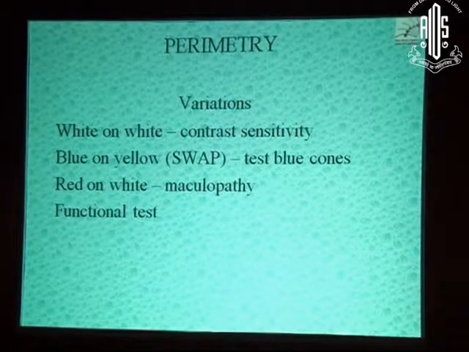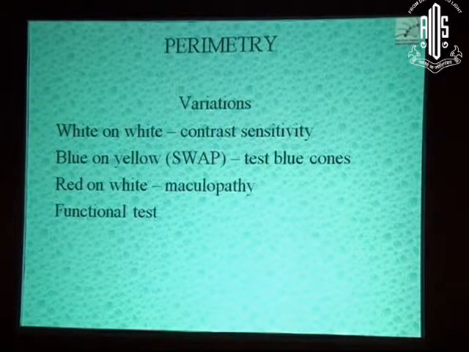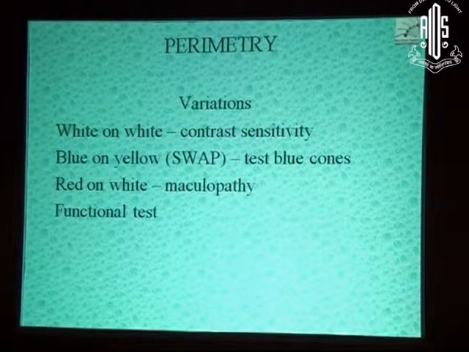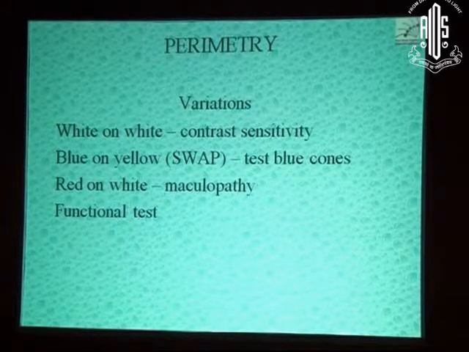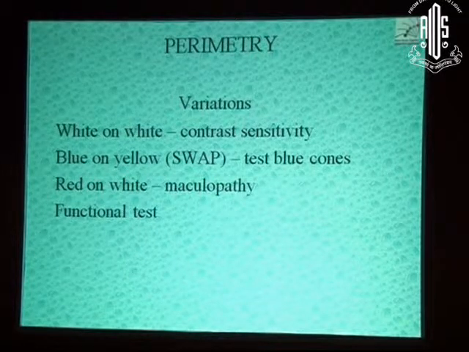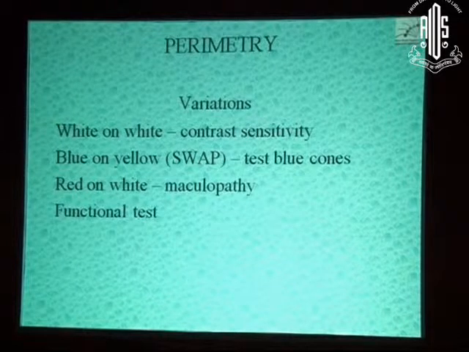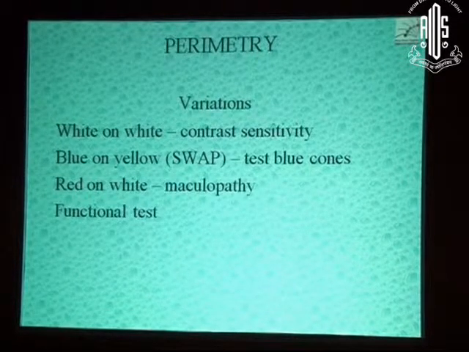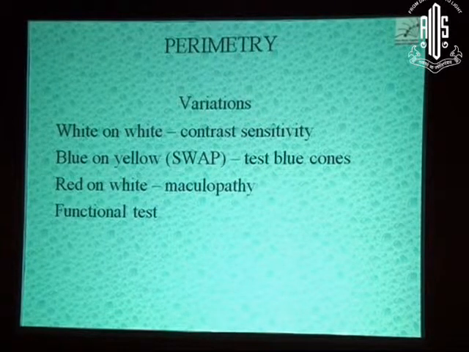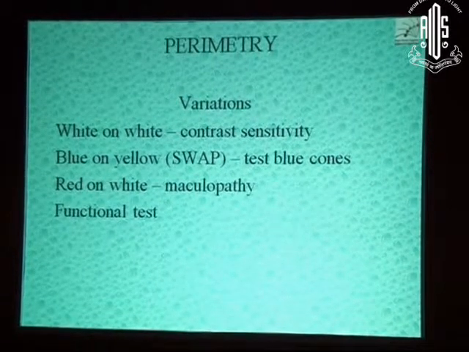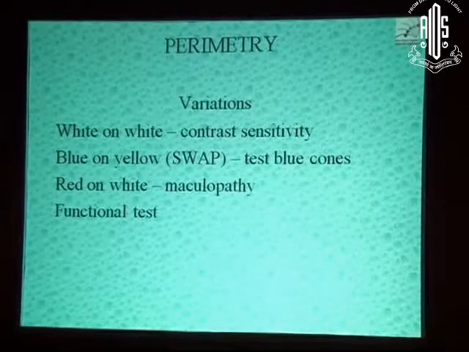What are the variations? Conventionally, we use white on white perimetry. That's a white background, and we put a stimulus of different contrast over the background. So we usually test the differential contrast sensitivity. That is our standard or conventional test. The non-conventional ones include blue on yellow perimetry, that is SWAP, shortwave automated perimetry, where against a bright yellow background we put a blue stimulus to find out the blue cone status.